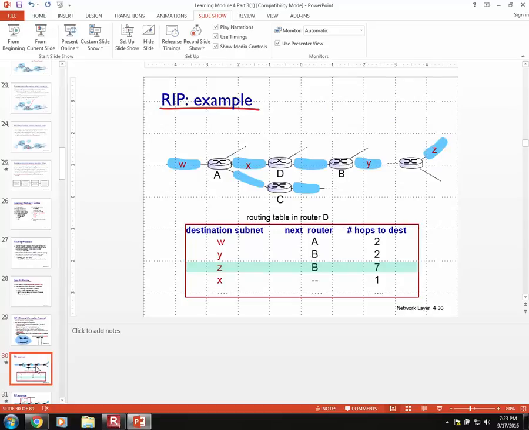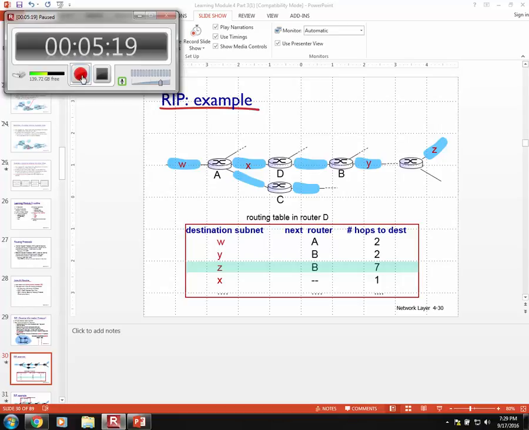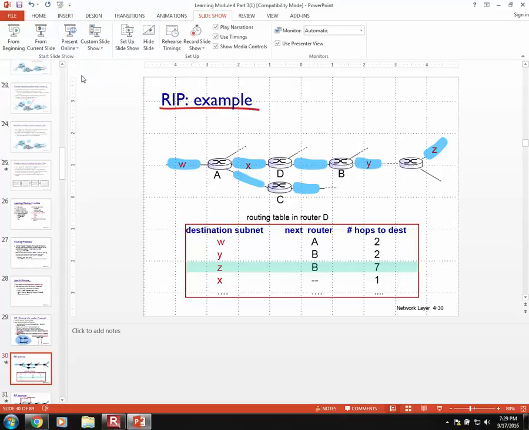So here we have an example of the RIP protocol in action. In this example, we're looking at things from the perspective of router D. Basically in this network we have multiple subnets.